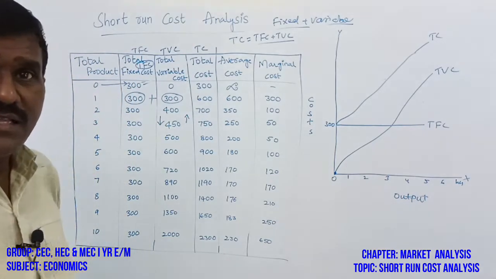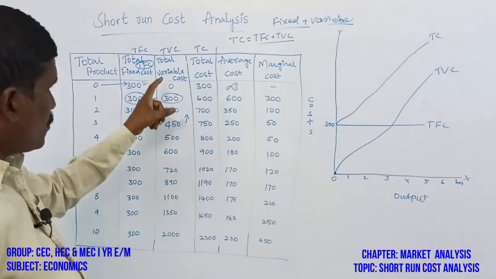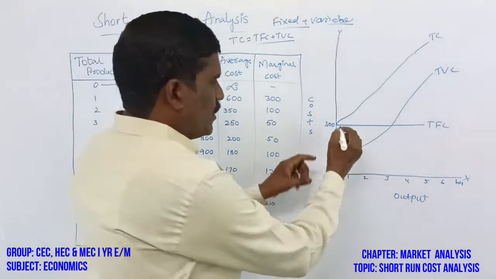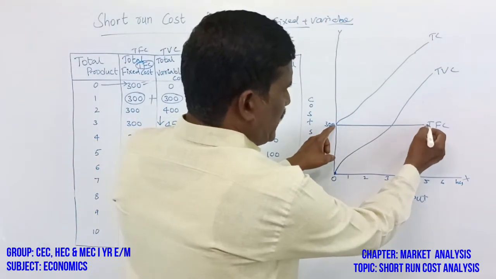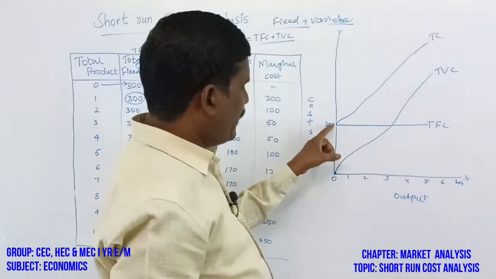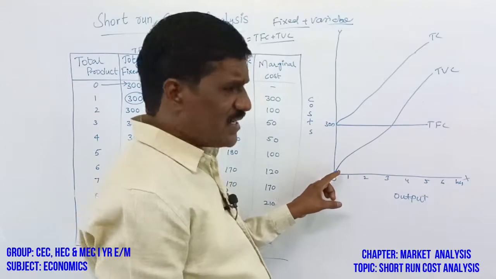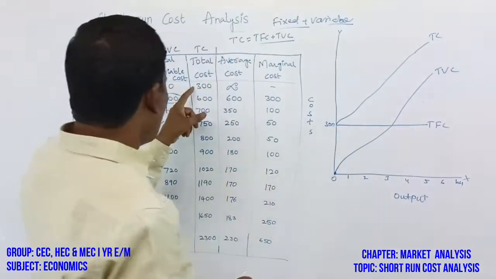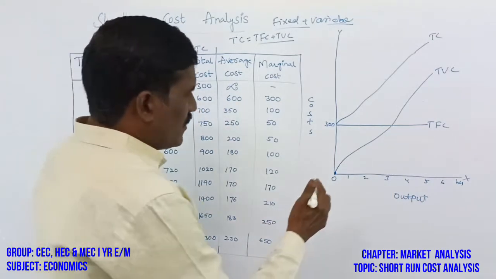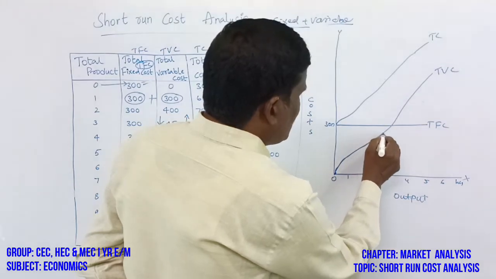So these are all the presentations of total cost, total variable cost, total fixed cost. Once again, total fixed cost is constant throughout the production of goods and services, and total variable cost starts from 0 onwards. Okay, so it starts from 0 onwards, goes on, increases.